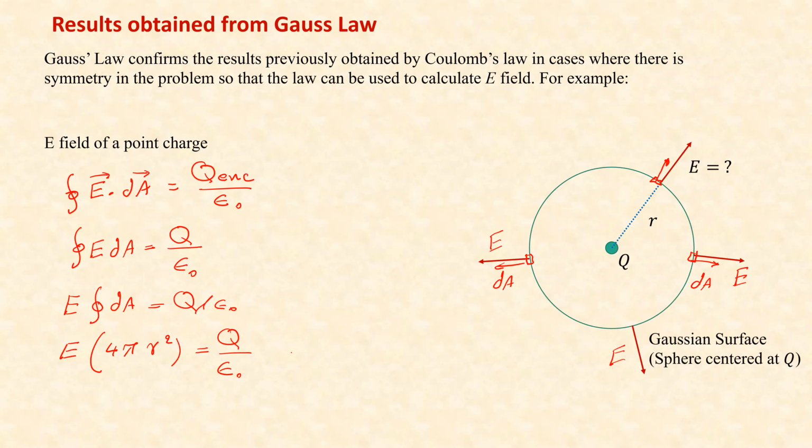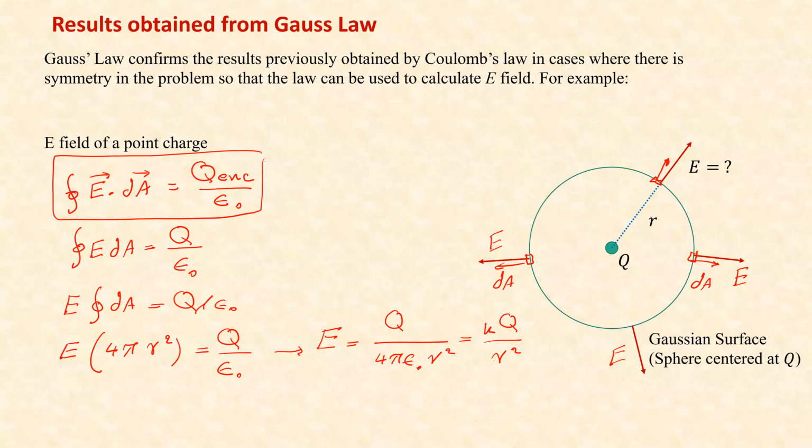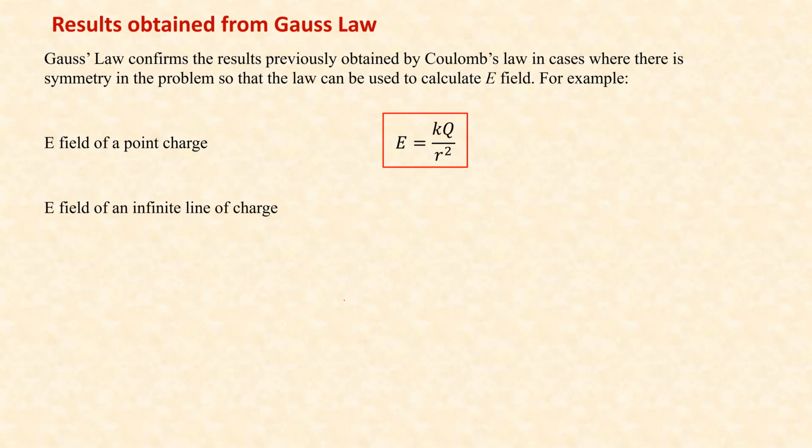And then we can solve for E. E becomes Q over 4 pi epsilon naught r squared, or 1 over 4 pi epsilon naught is K, so K Q over r squared. So this way you see that from Gauss law, with some symmetry arguments, we can get to this result for a point charge. All right. So summarize this.